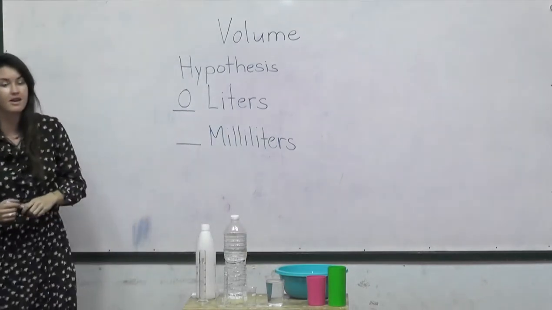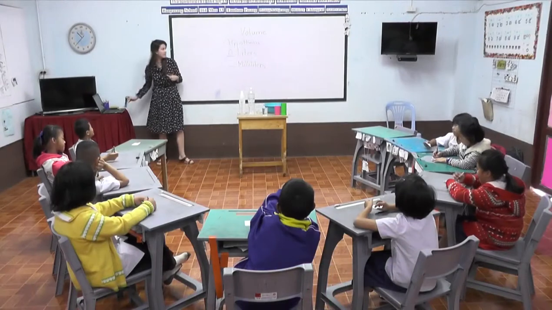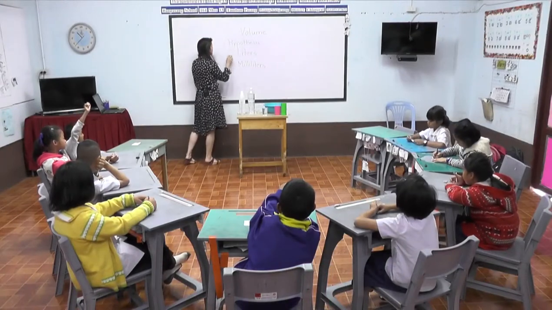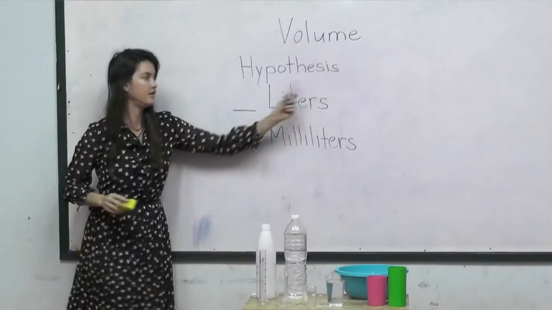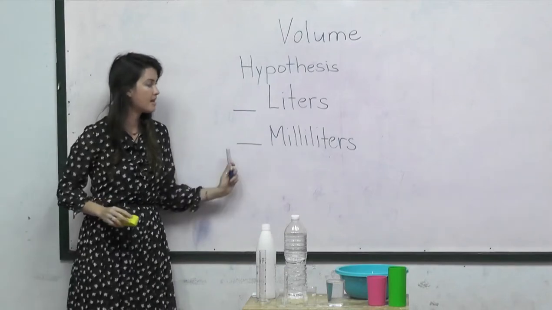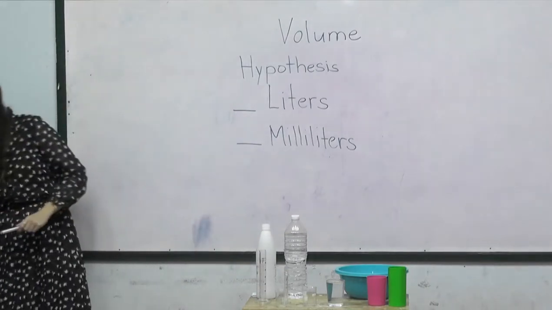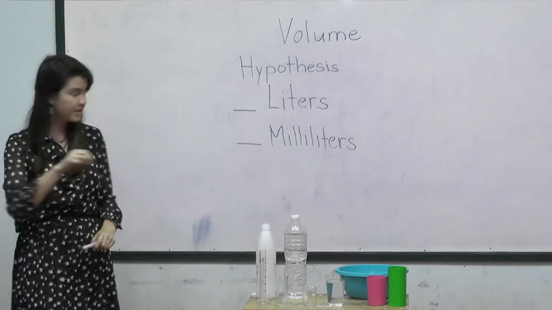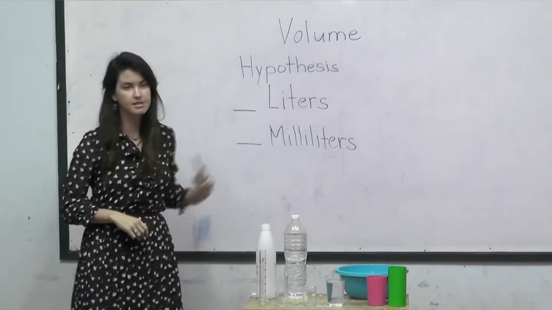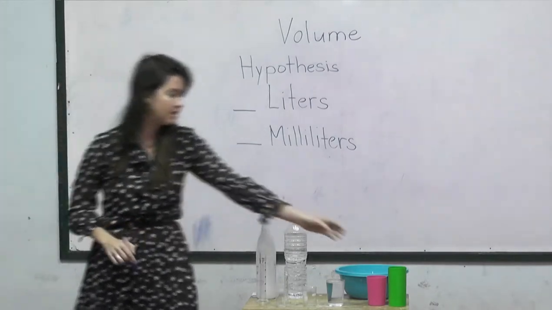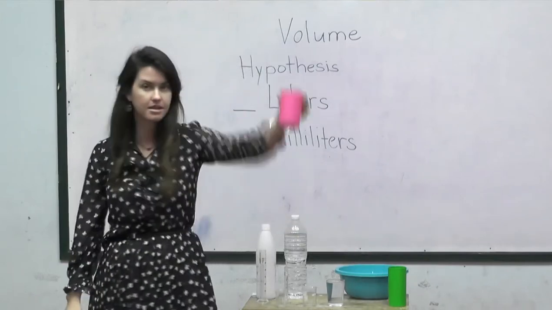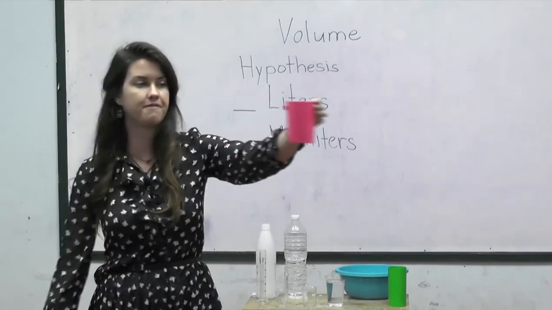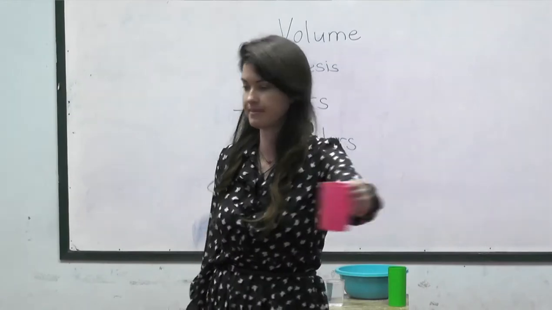Okay. Again, we're going to guess something else. For your next guess, you're going to write blank liters, blank milliliters on your paper. And you are going to now guess how many you think will fit in the pink cup.